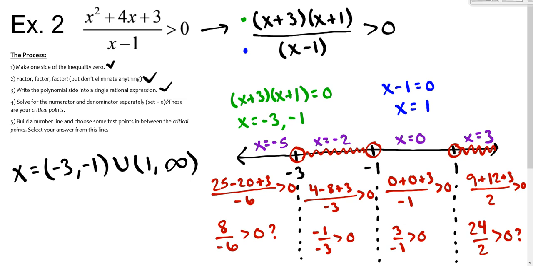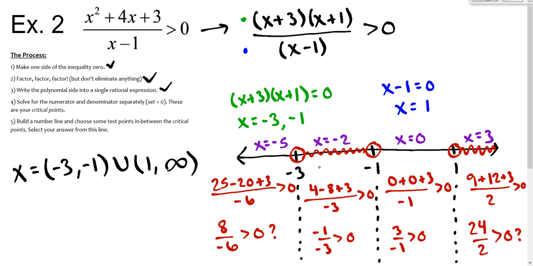Your critical points tell you how to divide up a number line so that you can test the intervals in between them. You can pick pretty much any number you want to plug in for that particular range of values, but it's normally better if you pick numbers that aren't too wackadoodle. Numbers that are pretty close to the critical points on your intervals, generally speaking, is a better practice than randomly choosing decimals or crazy fractions.